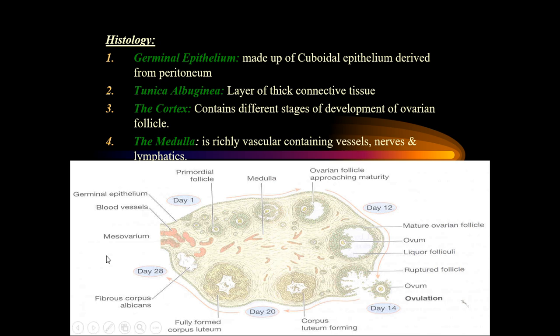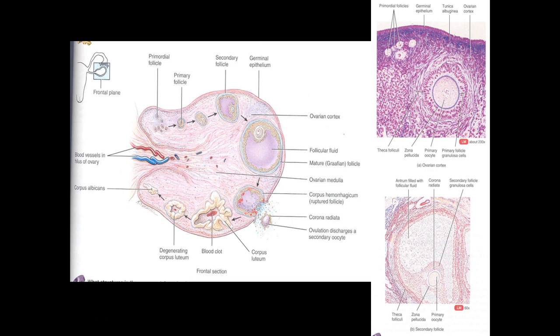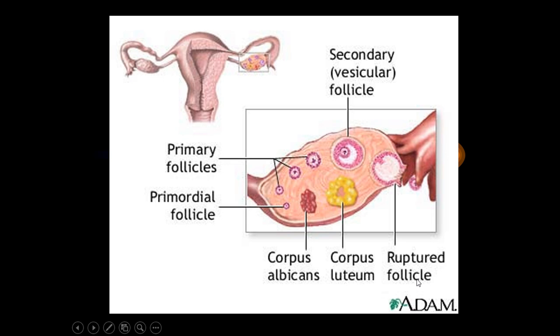Okay, so this is in brief about the histology. So you can see here again the primordial follicles, the primary follicle, how they are maturing into secondary and then the mature Graafian follicle, then rupture, and all those stages. This is how the primordial follicles will be there, and these are the primary follicles, and this is the secondary follicle. So again, this is the same.